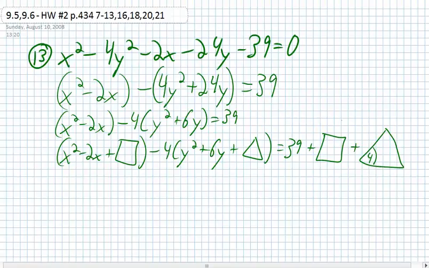Please show this step. I want to see 2 boxes and 2 triangles. A lot of you are forgetting to add the box and or the triangle on the right side. Okay, and this box goes a 1 and 1, and the triangle goes a 9 and a 9.